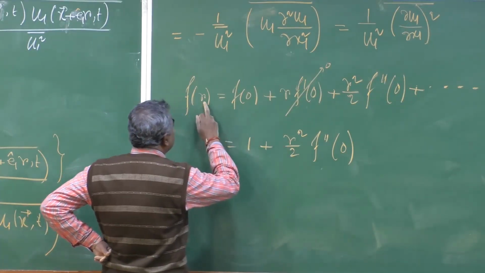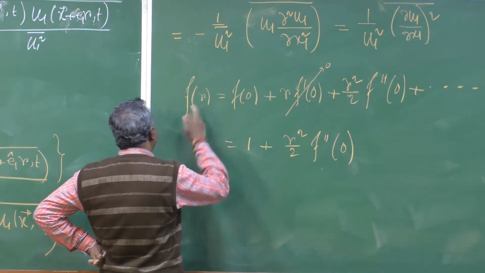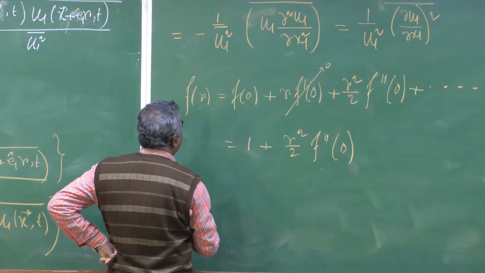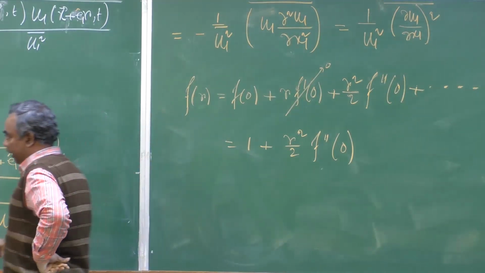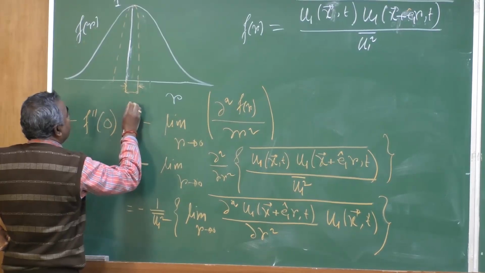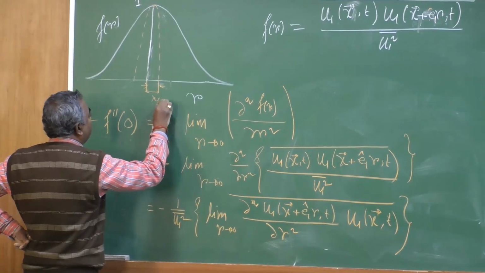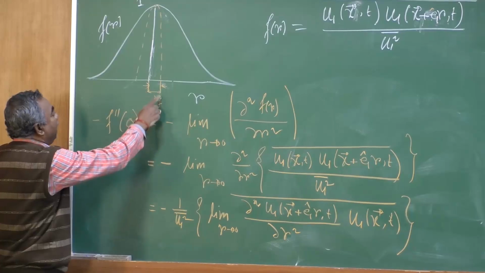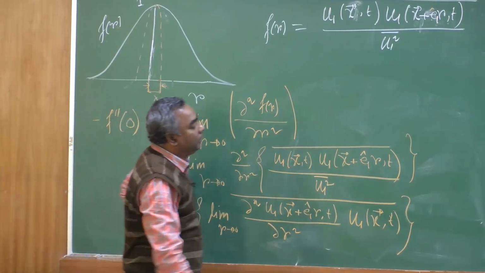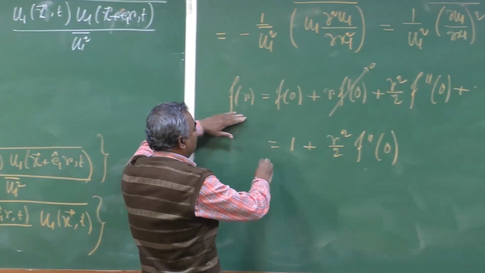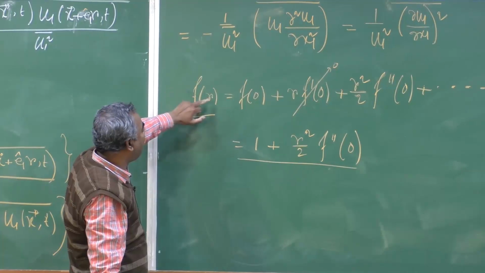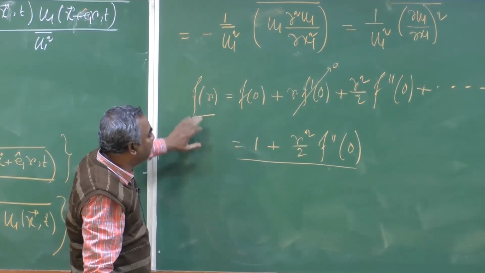Okay. So, that means the value of f of r at some particular lambda value. What is the value of f of r? See, f of r, let us say this value is our lambda f. At lambda f, this is what? This is basically a parabola. You see, this is just nothing but a parabola. So, when you are fitting a parabola around r is equal to 0, this is what you get.